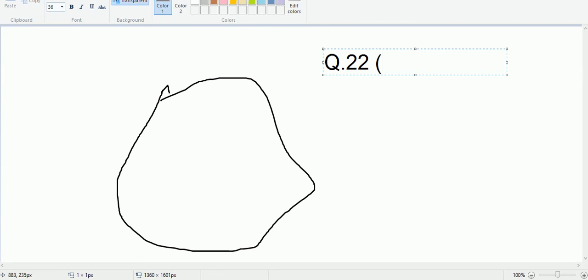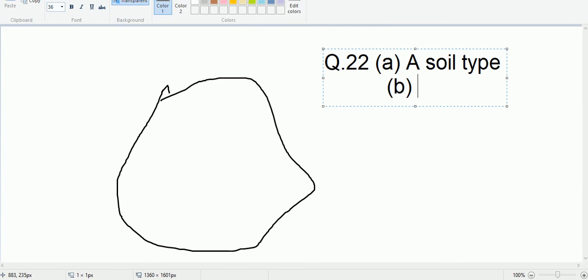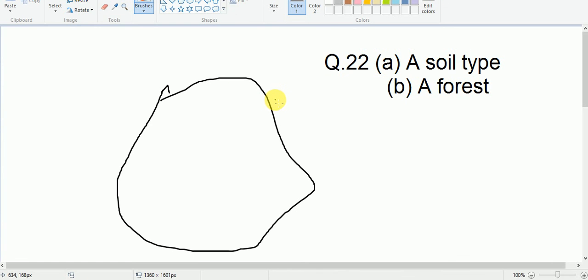Let us say question number 22 A, a soil type, and another question, let us say a forest. And if the question is like this, let me tell you the question.